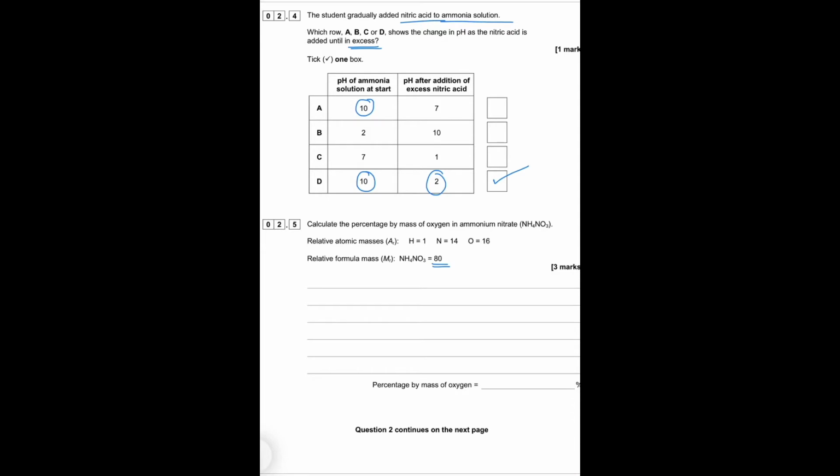So for the percentage of oxygen, we can see that we have 3 oxygen atoms, and the mass of each oxygen is 16. So 3 times 16 is 48, which means 48 out of the whole molecule mass of 80 is going to be our oxygen. And to make that into a percentage, we would then times the answer by 100, and that gives us 60%.